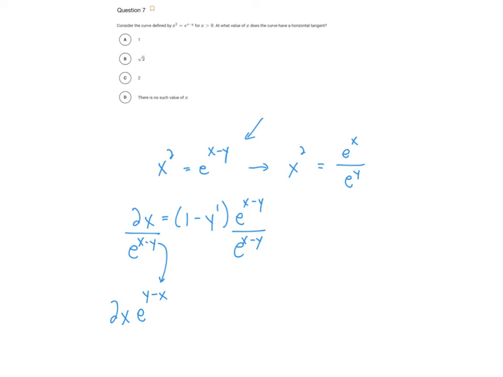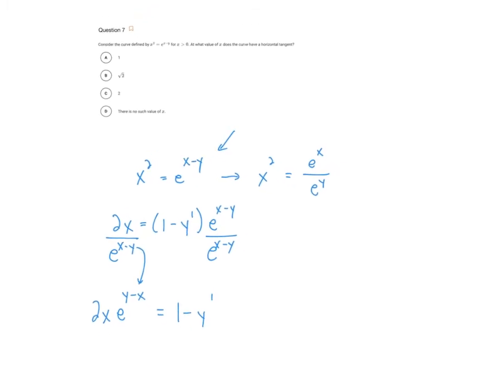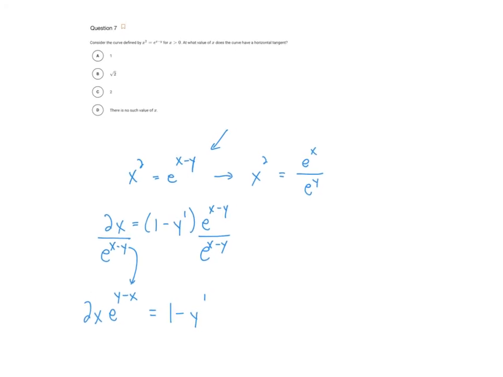Anyways, okay, and then just put it over here. Okay, so let's solve this for y prime. It'll be 1 minus.